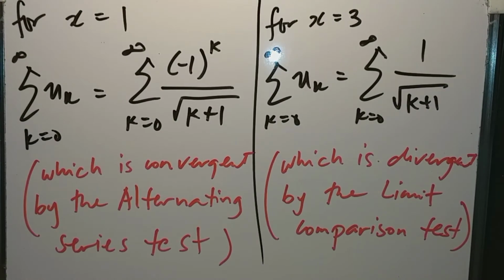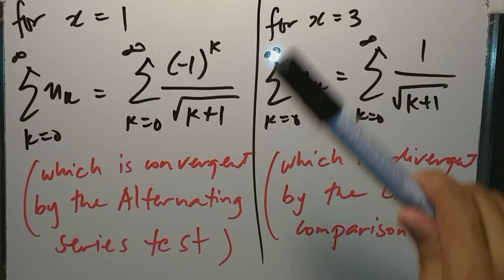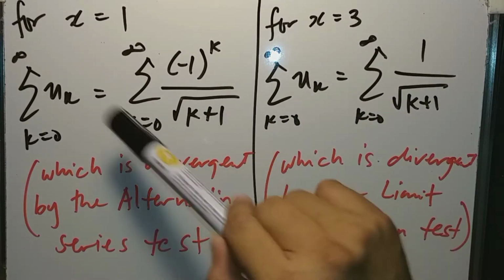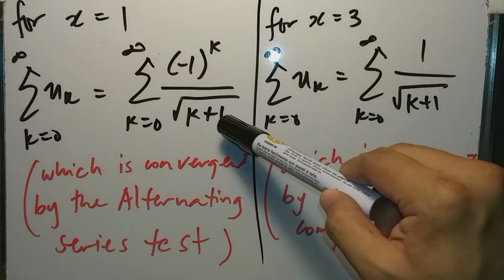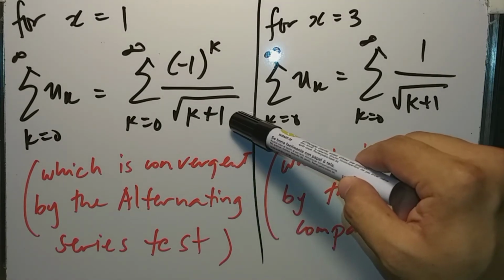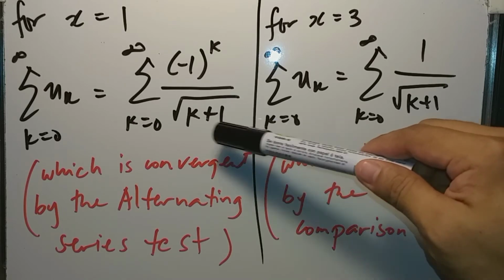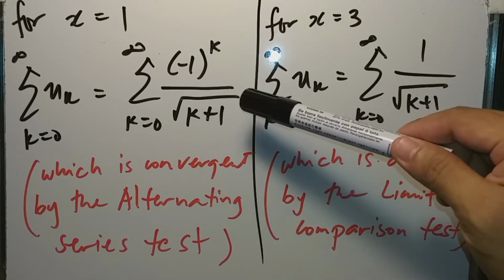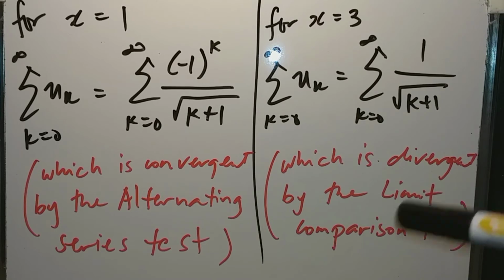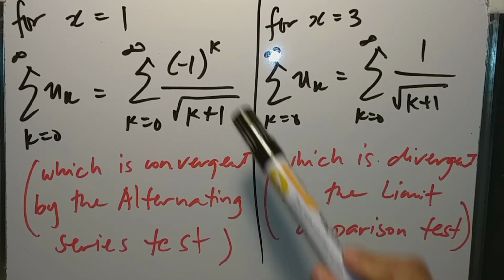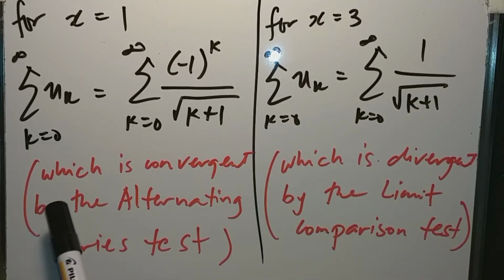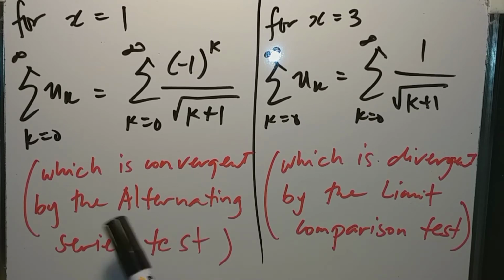So for x equal to 1, we see that the series is an alternating series. Now to check if this is convergent, we will use the alternating series test, and upon solving, we saw that the series is convergent.